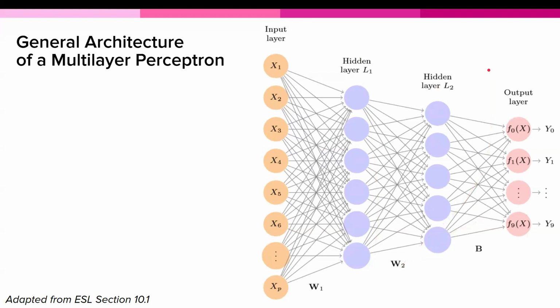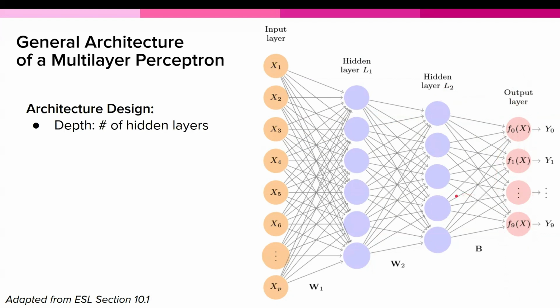So yeah, in general, the multi-layer perceptron or these deep networks can have an architecture like this, where we've got a set of input features, maybe several hidden layers, each with their own nonlinear activation functions, and then our output layer, which may involve a set of functions of the most recent hidden layer activations.